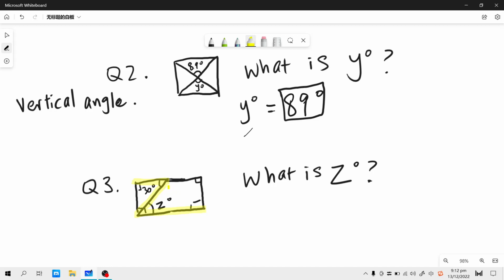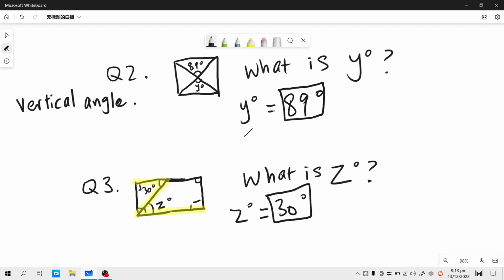Alright, there's a Z here, so this angle, which is 30 degrees, equals this angle, so you can copy this 30 degrees and just paste it here. So z just equals 30 degrees.